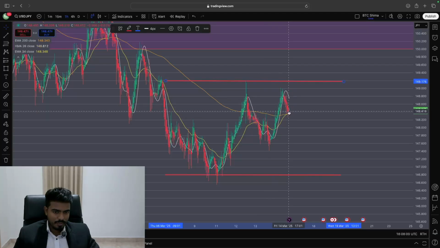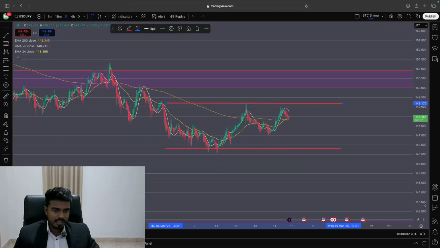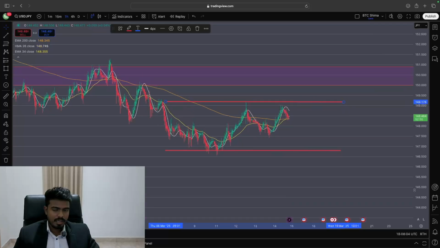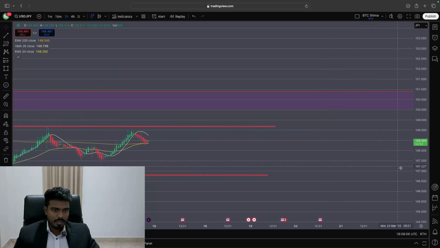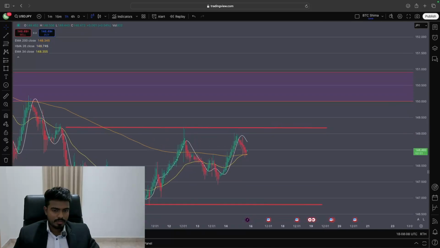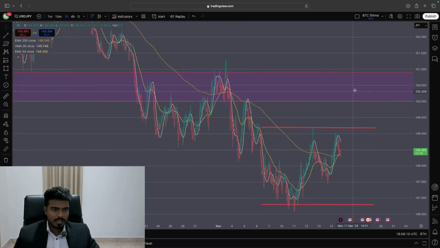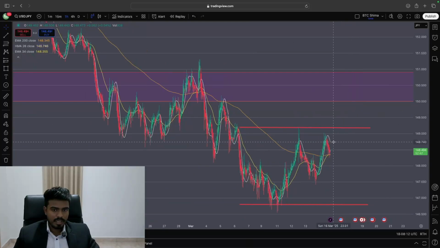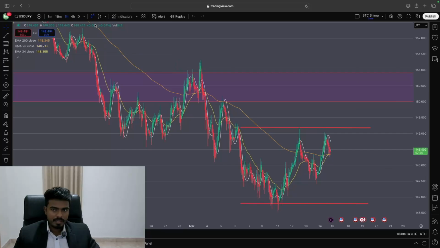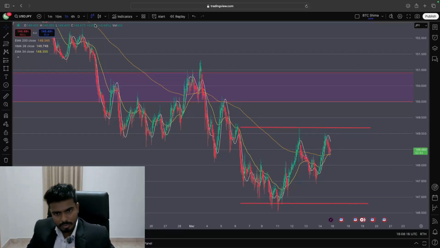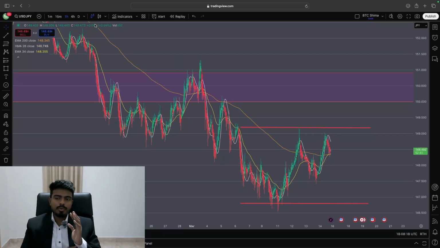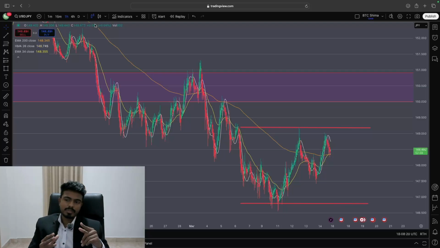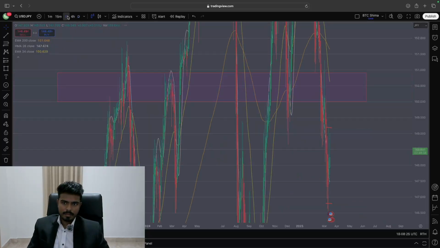If it moves, we can say it can come to these levels, and also if it crosses this one, we can assume it can come to these levels. So we can't clearly say, as I want to tell you, if you want to see the correct trend, you have to see the long time frame. It means 1 day.